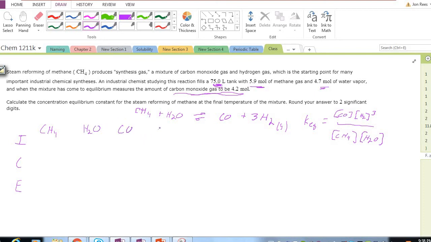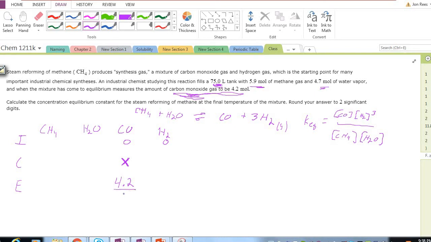CO, and then H2. Well, it tells me that my carbon monoxide gas, I start off with none here. But it does tell me at equilibrium that this is going to be 4.2. Now, since I know that, I'm going to use X here to represent the change. We know that it's not going to be 4.2.